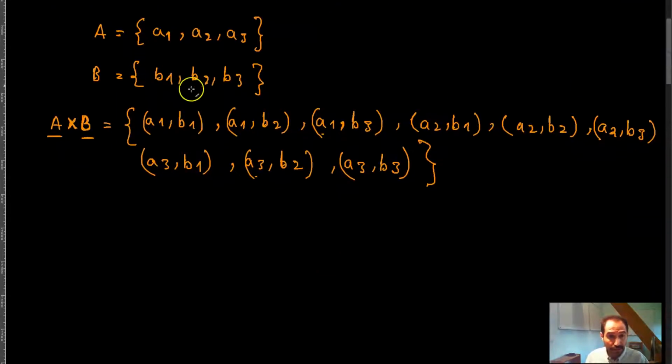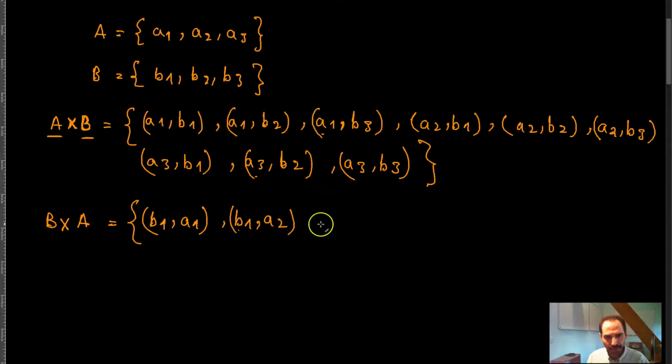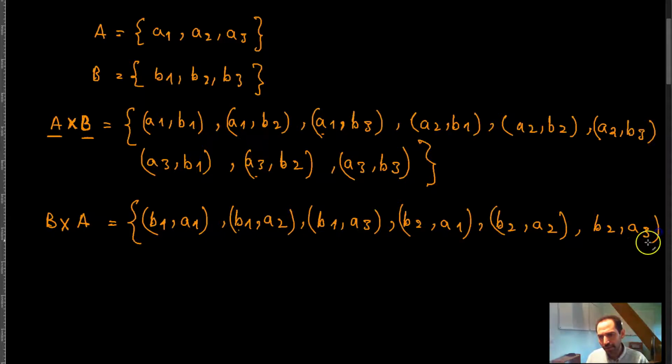Now, based on the same situation, the Cartesian product of B and A, which is B times A, is basically B1 comma A1, B1 comma A2, and B1 comma A3, then B2 comma A1, B2 comma A2, and B2 comma A3, and then B3 comma A1, B3 comma A2, and B3 comma A3.